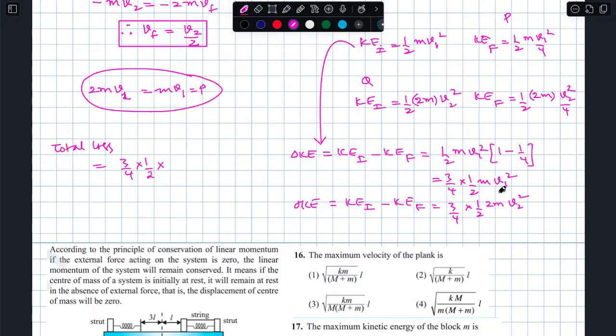Now m v1 square I can write as p square by m. Plus 3/4 into 1/2 into p square by 2m. So taking 3/8 common, 3/16 common.